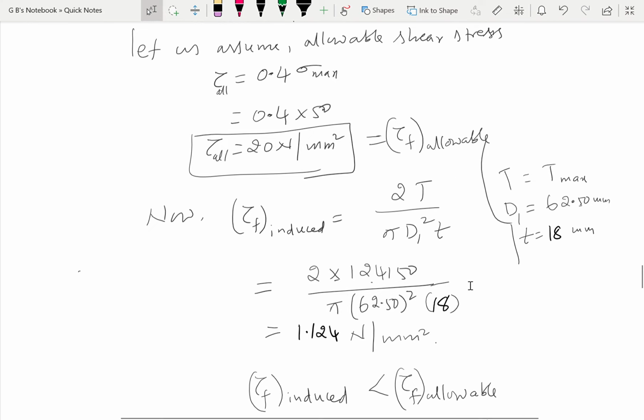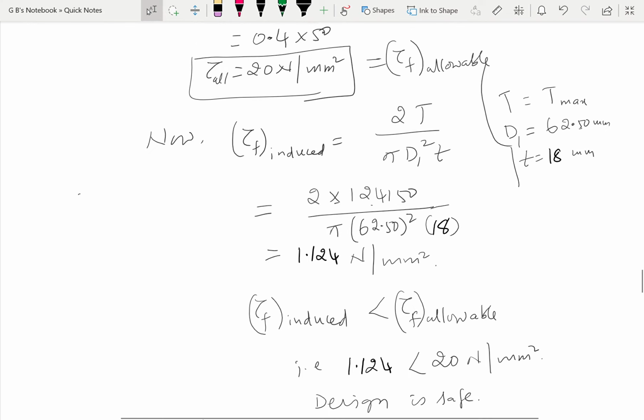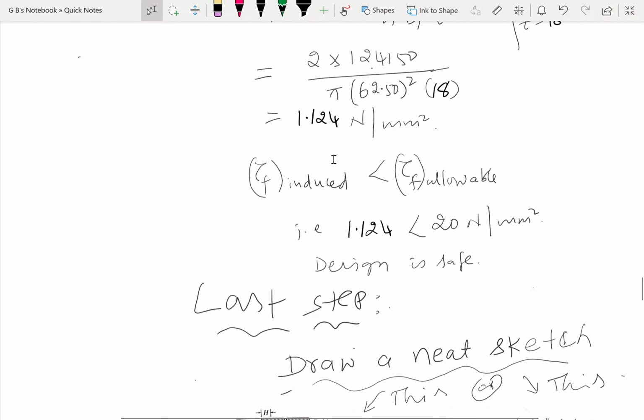After substituting the values, we obtain shear stress induced as 1.124 Newton per millimeter squared. The induced shear stress is much less than the allowable shear stress, so design is safe.